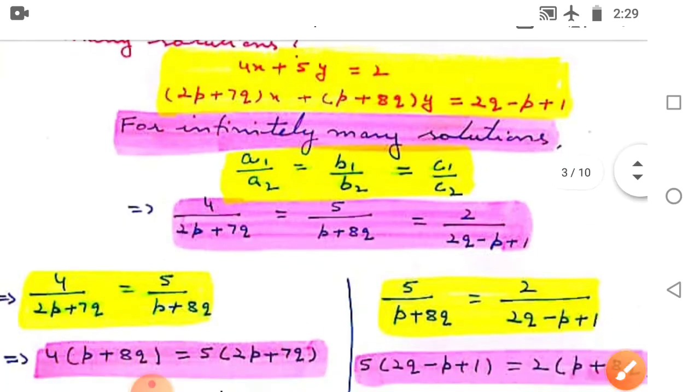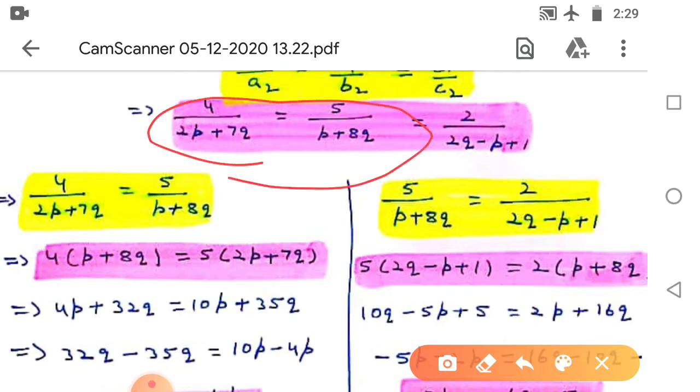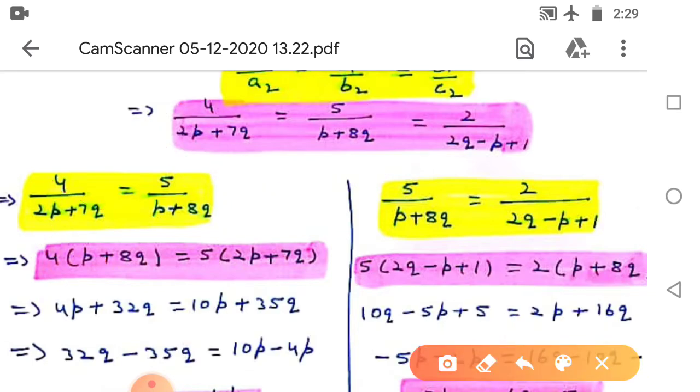Now taking the first two equalities, 4 upon 2p plus 7q is equal to 5 upon p plus 8q. Now cross multiply. 4 into (p plus 8q) is equal to 5 into (2p plus 7q).